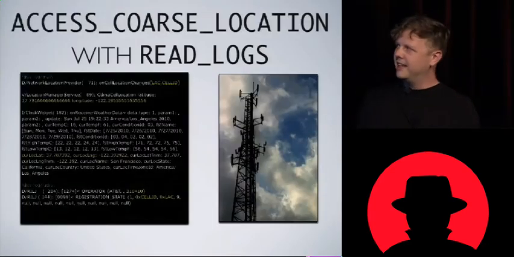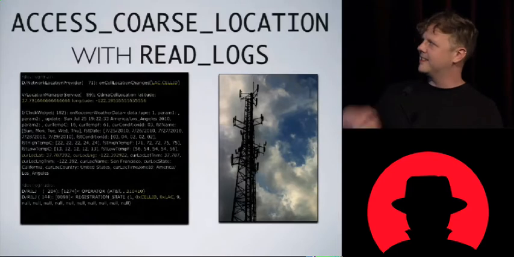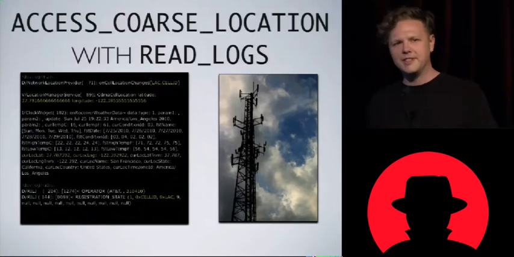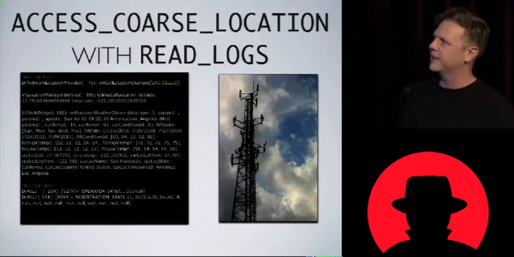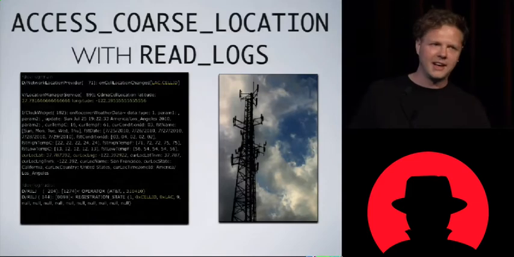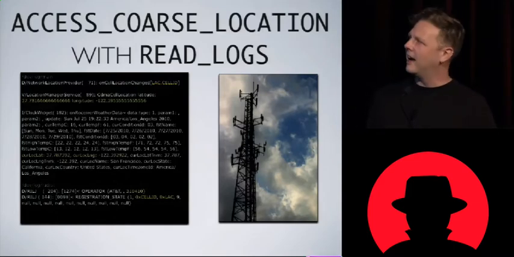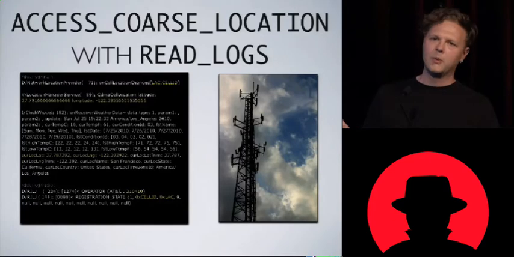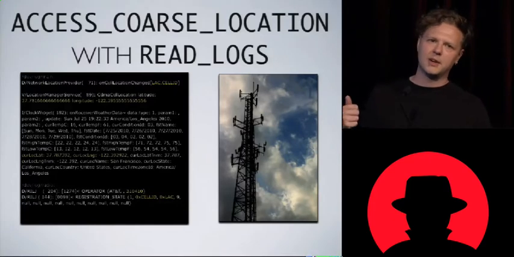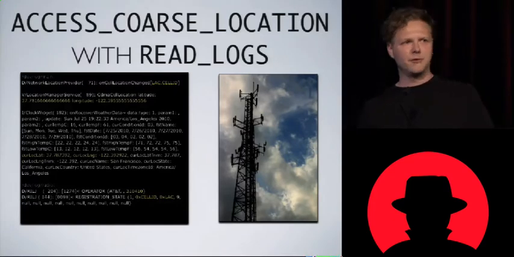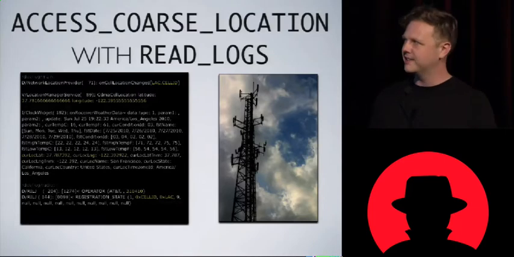One of the interesting things that we found is that read logs can actually be equivalent to having access to coarse location. There's an awful lot of chatter that can show up from system components. In the case of coarse location, we're talking about essentially resolving location data for the tower that the device is connected to.